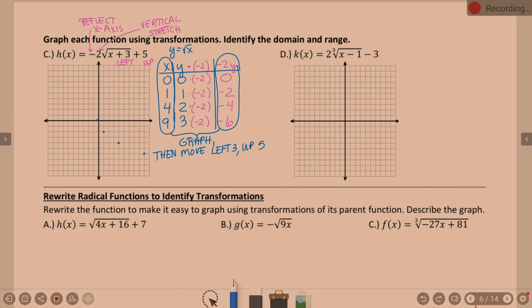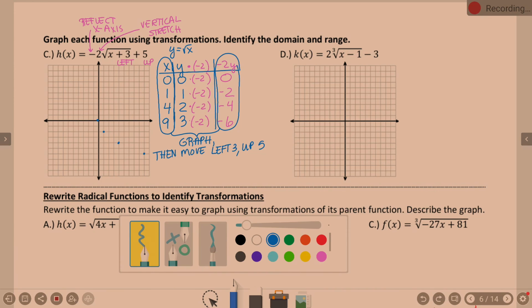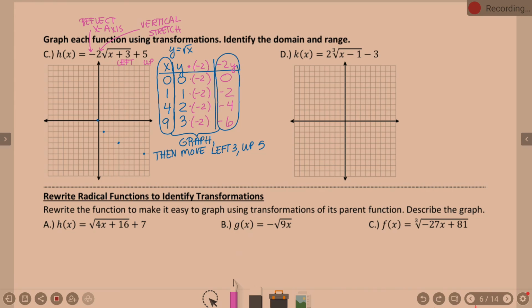Take each of those points here and move them left 3, up 5. So I'm going to take, for instance, this 0, 0 point. I'm going to go left 3, up 5, right? Left 3, up 5. That's my new end point. Every point goes left 3, up 5.